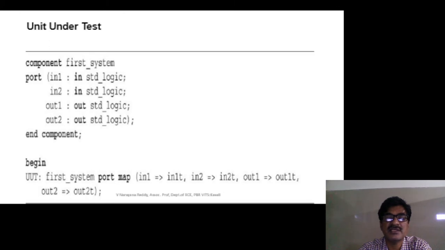The instantiation statement, you know already the syntax. First of all, a label name you have to use, that is UUT colon, component name is first system, port map of in1 is connected to in1T, in2 is connected to in2T, out1 is connected to out1T. So the inputs which are applied are connected to which object, like that.